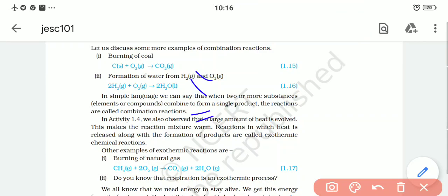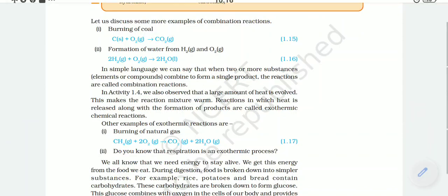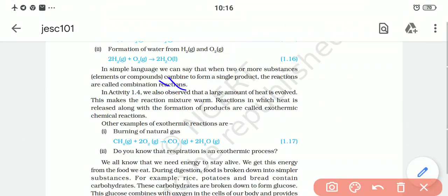Now what are exothermic and endothermic reactions? When heat is evolved during a reaction, this makes the reaction mixture warm. This type of reaction is known as an exothermic reaction, a reaction in which heat is evolved or produced.